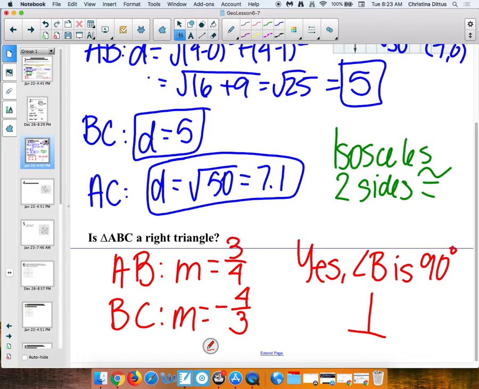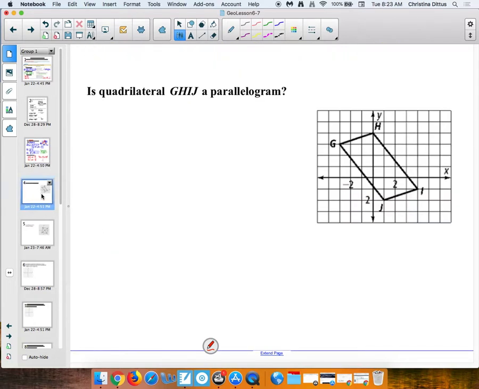Okay. Let's go to our parallelogram. If I want to know if it's a parallelogram, what do I know about parallelograms? Every side's equal in a parallelogram? Opposite sides are equal? Is that parallelogram specific? No. What's in the word parallelogram? Parallel. What do I want to be parallel?